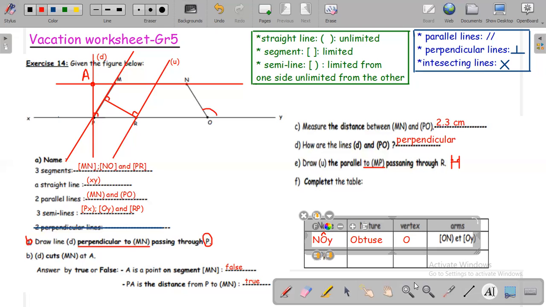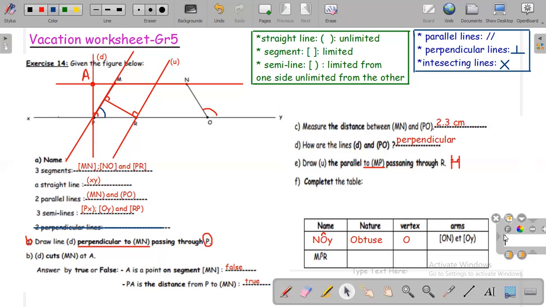Now, angle MPR. This angle is smaller than a right angle, so it is acute.